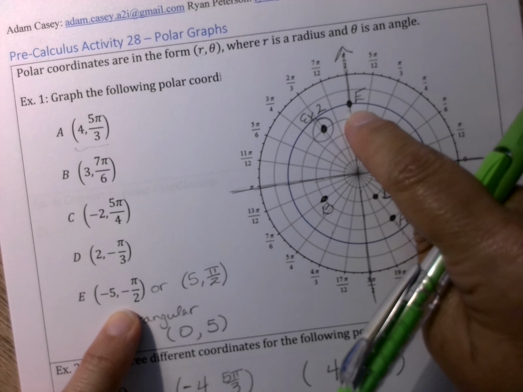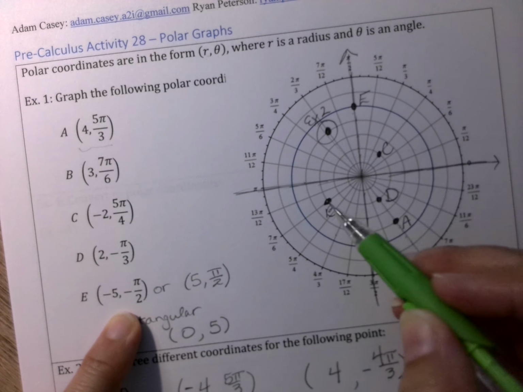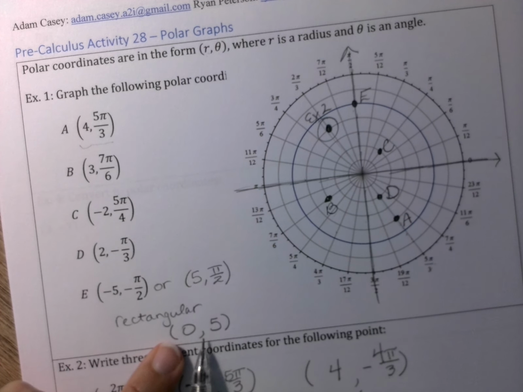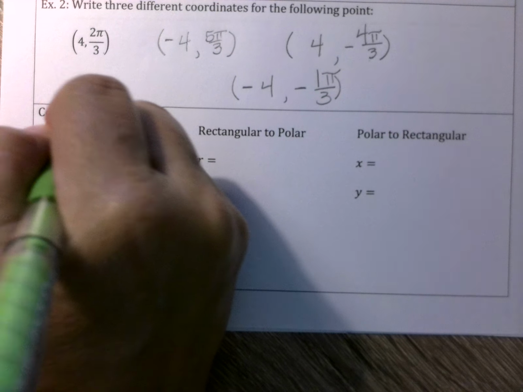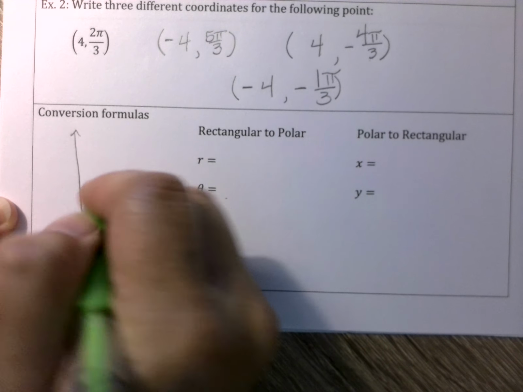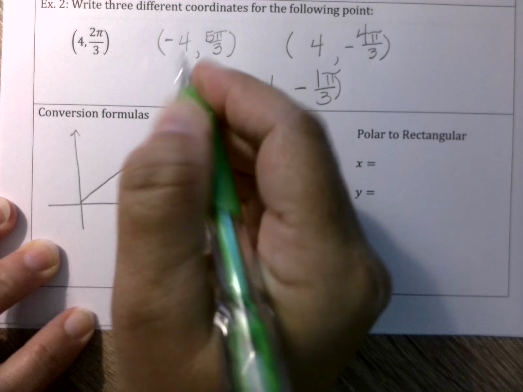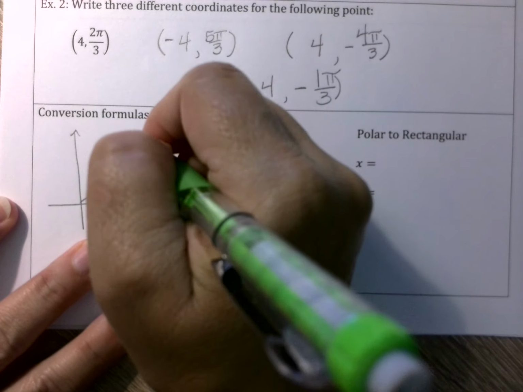Now this point's pretty easy because it's on one of the axes, but what about these points out here that are just floating in the different quadrants? How do we find rectangular coordinates that represent those same points? Well, we're going to go back to the basics on trigonometry, and let's think about how we graph angles. I'm going to call this angle theta.